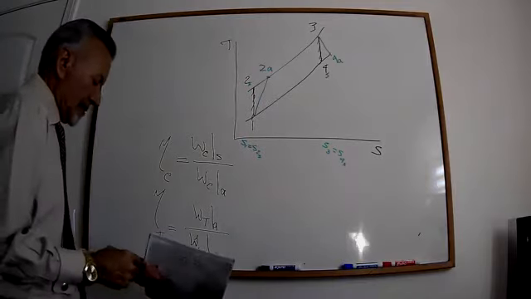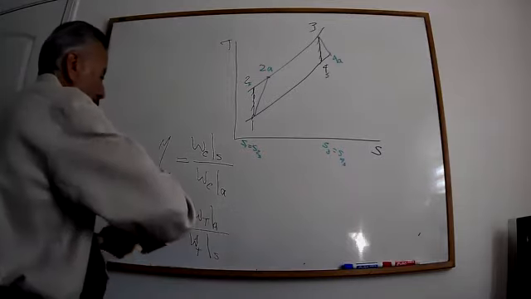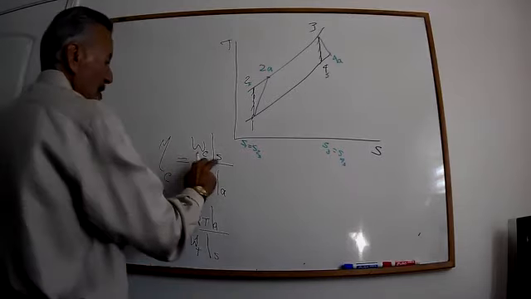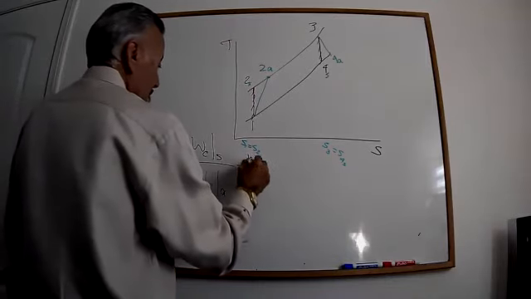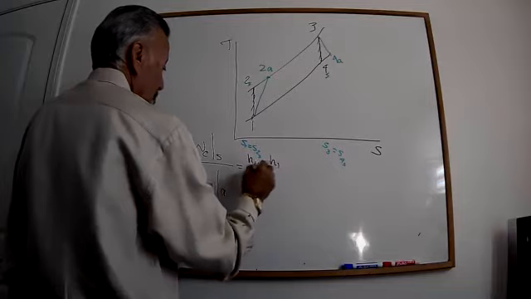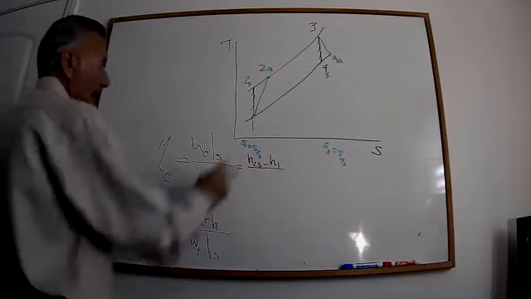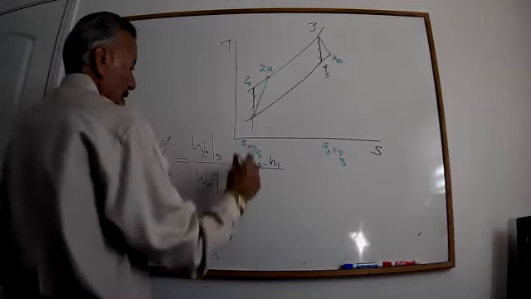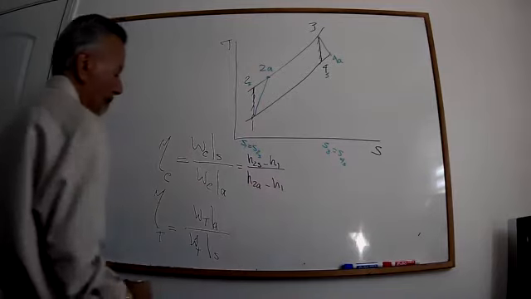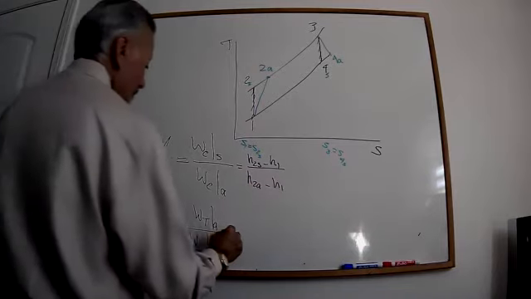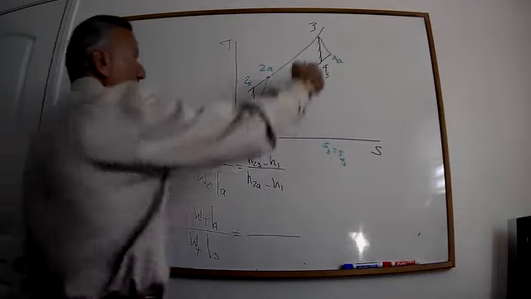Now that I have that, I can expand these two equations. Now, what is the work of a compressor isentropic? Look at here, that is H2s minus H1. What is the work of a compressor actual? H2a minus H1. Similarly, for the turbine, what is the actual work of a turbine?